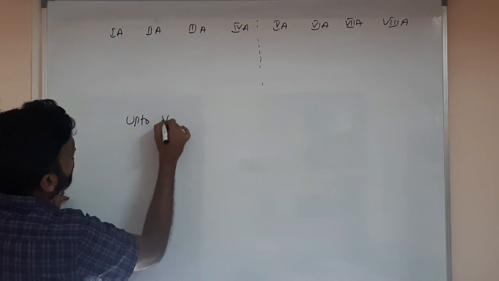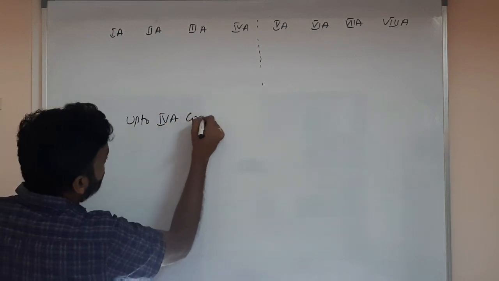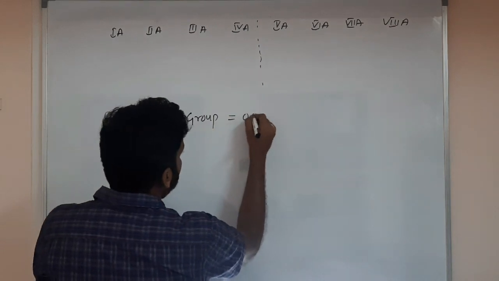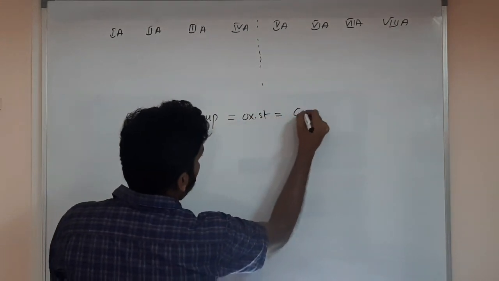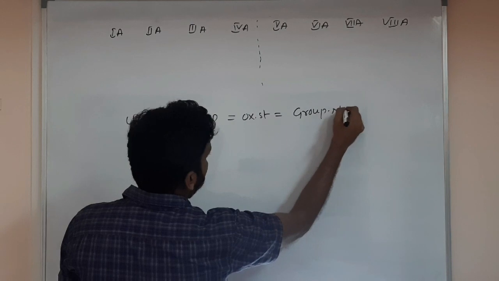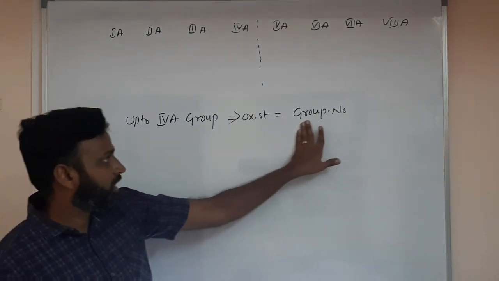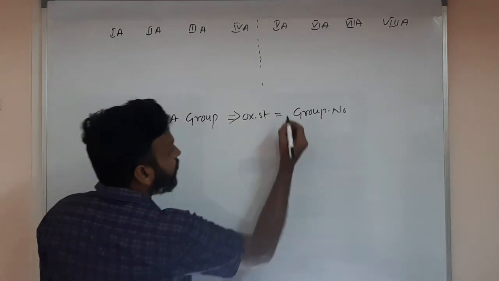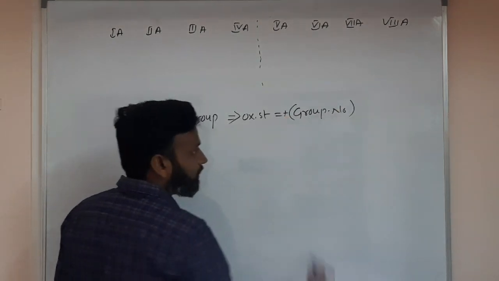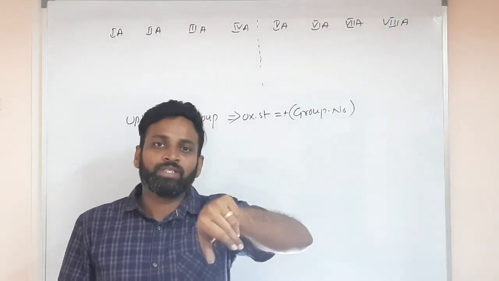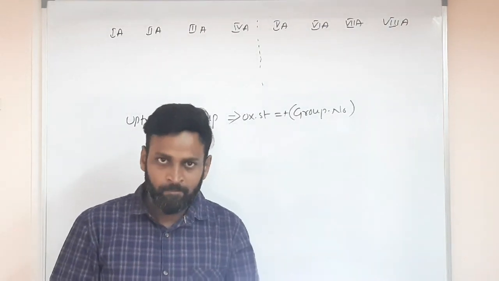Up to 4A group, the oxidation state is equal to the group number. But with the group number, we have to mention whether it is plus or minus.